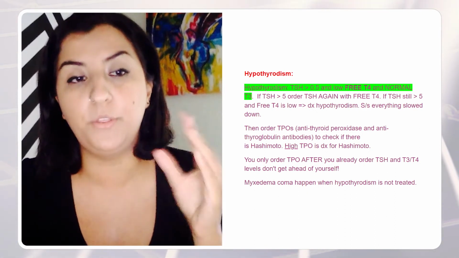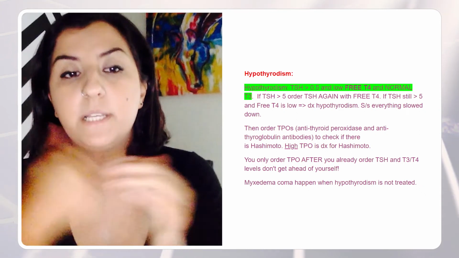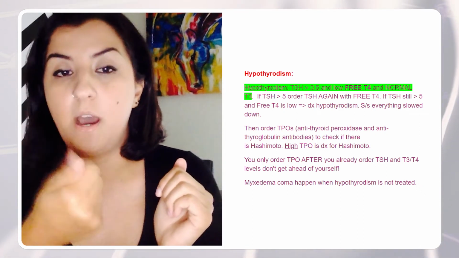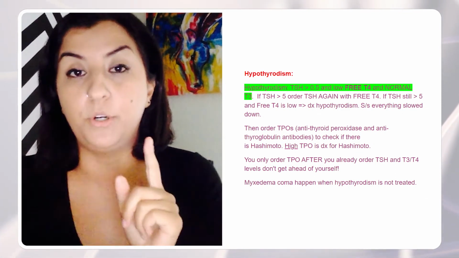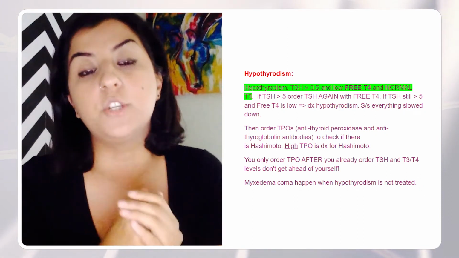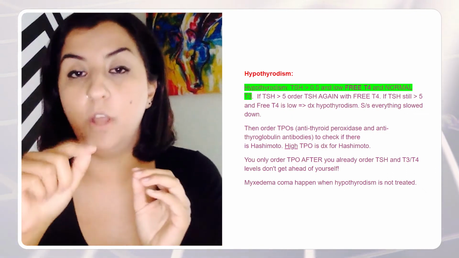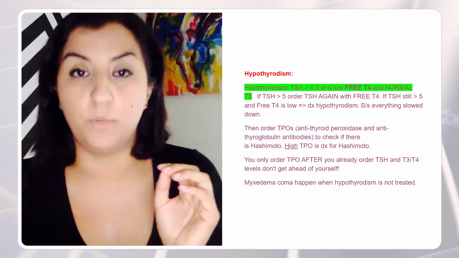Remember, hyperthyroidism, that highlighted area that I have in there in green, the TSH is less than 0.5. Free T4 is high. Free T3 is high. That's hyperthyroidism. Hypothyroidism, on the other hand, TSH is more than 0.5. Free T4 is low, but T3 is normal. It's not low, it's normal.